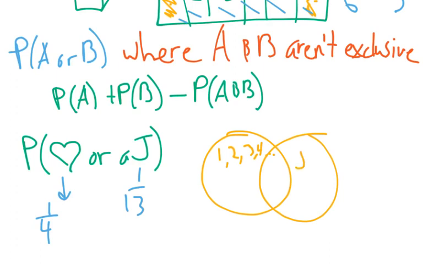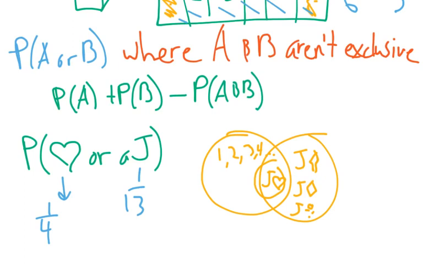And then we have the jack of spades. Sorry about the spades, awkward drawing. We have the jack of diamonds, and we have the jack of clubs. But then we also have the jack of hearts, and this is also a heart. So there's a little bit of overlap here.